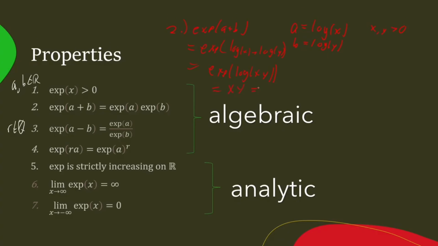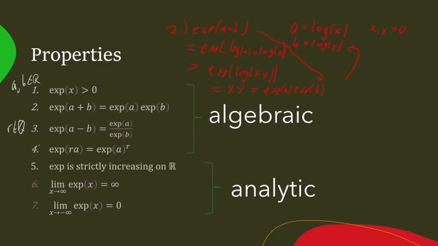Or in other words, this is exp of a times exp of b, since up here, we can just apply exp on both sides and we would have that result. So through this chain of equalities, we get that exp of a plus b equals exp of a times exp of b. That follows immediately from the fact that we have already deduced an analogous property for logarithm.